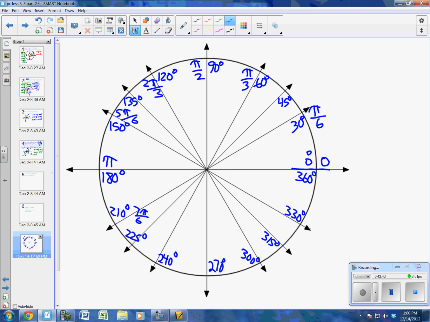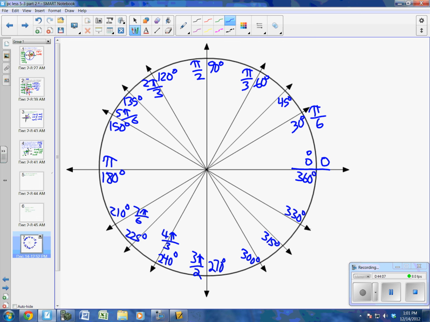And then after 7/6 comes 8/6. But 8/6 reduces to what? 4/3. And after 8/6 comes 9/6. And 9/6 reduces to 3/2. So 3 pi over 2. And after 9/6 comes 10/6.